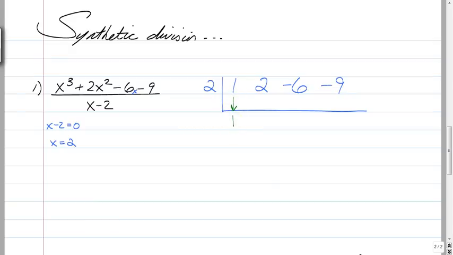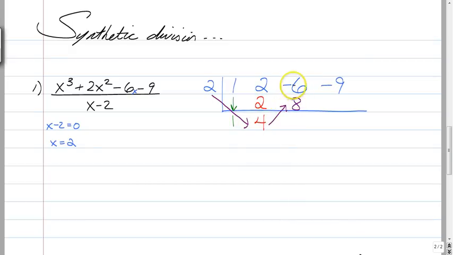Now watch this carefully. 2 times 1 is equal to 2. Okay? Now here's the other difference with synthetic division. You add. So 2 plus 2 is 4. And then you do it again. You're going to do 2 times 4 is 8.